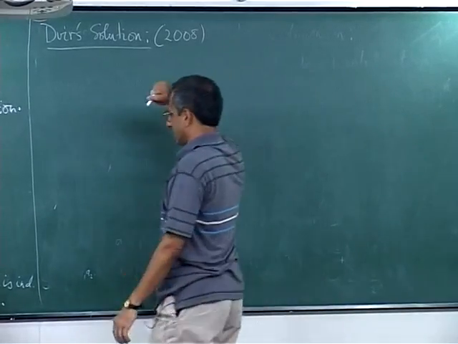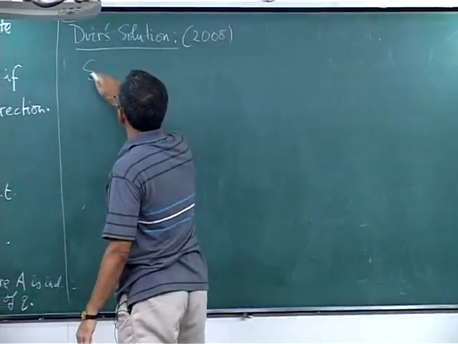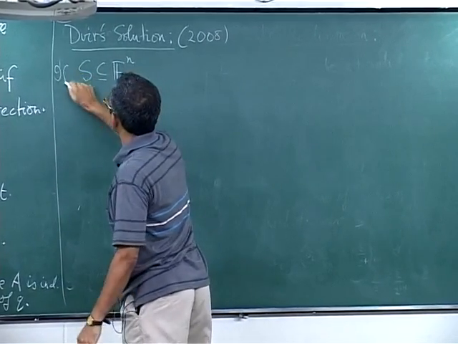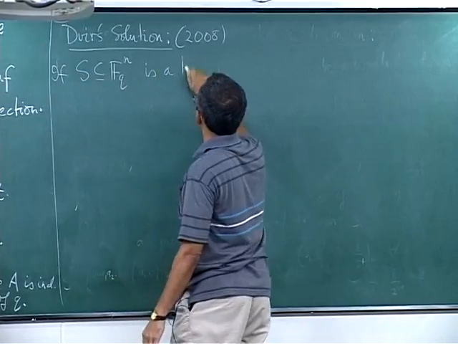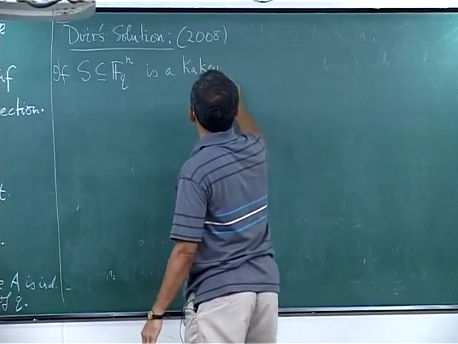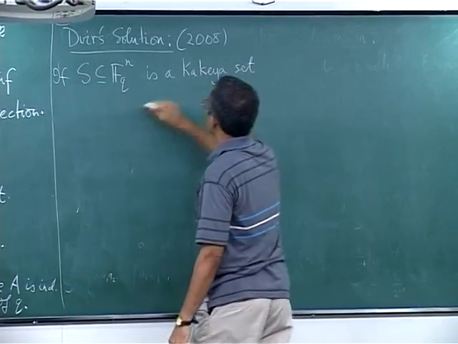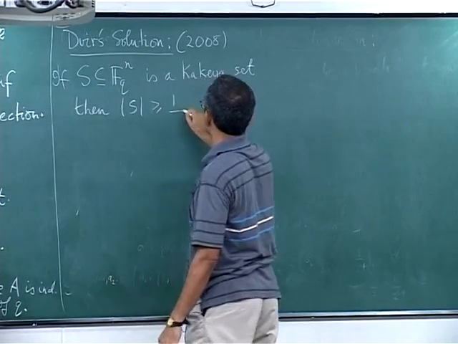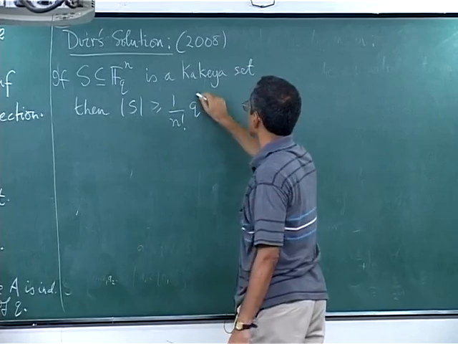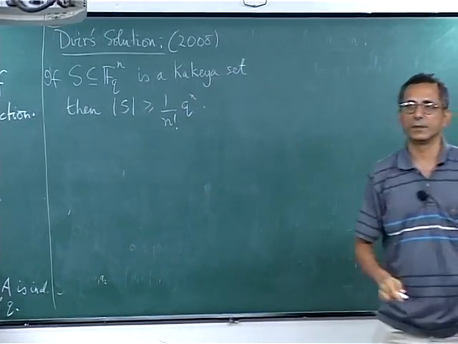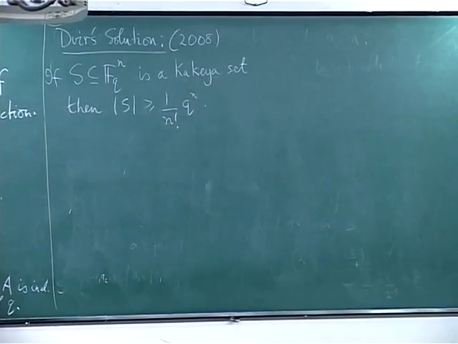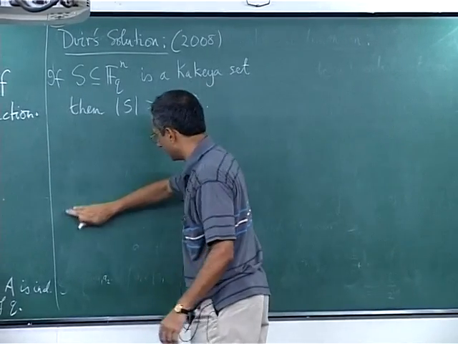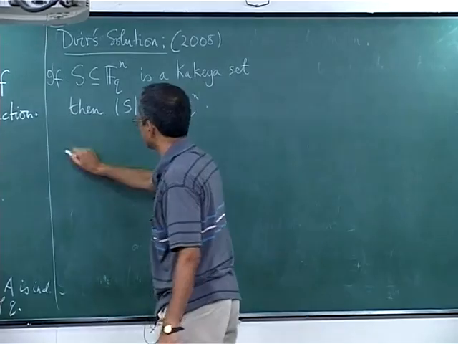His result is that if S contained in Fq to the n is a Kakeya set, then the cardinality of S is at least 1 by n factorial times q power n. So let's prove this and then we'll see some more things about the problem.